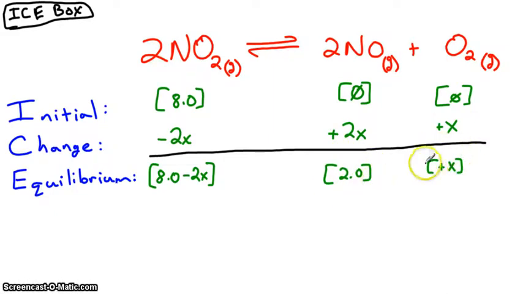And then the equilibrium concentration for oxygen is going to be x. 0 plus x is plus x. So this is an ICE box, and let me just go over once again what everything is. You need a balanced chemical equation. You need the initial concentrations if possible, the change in concentration, and that's determined from the balanced chemical equation. And then the equilibrium concentration is the third row.